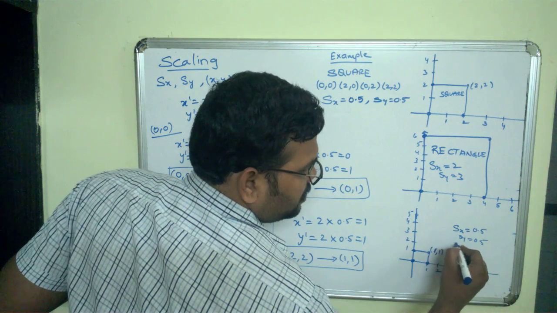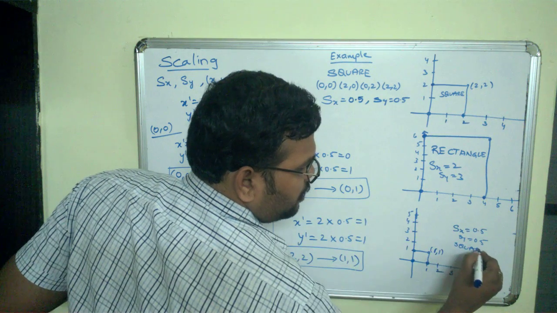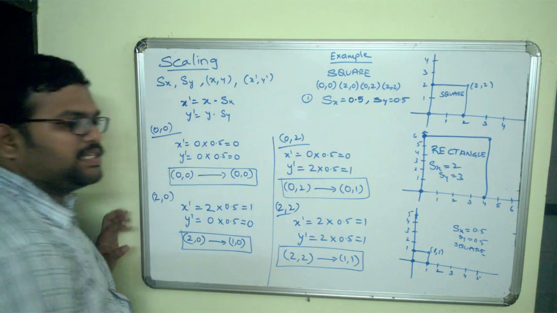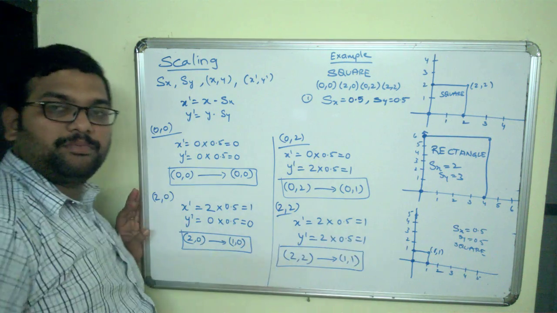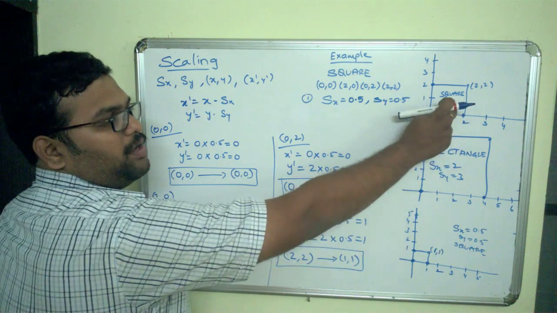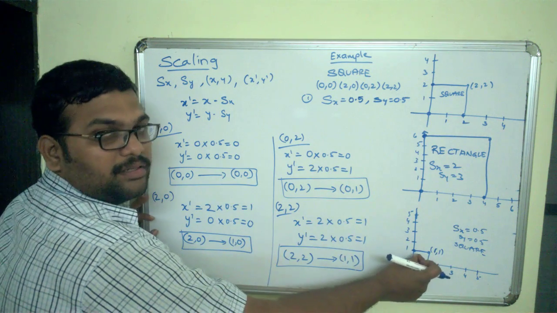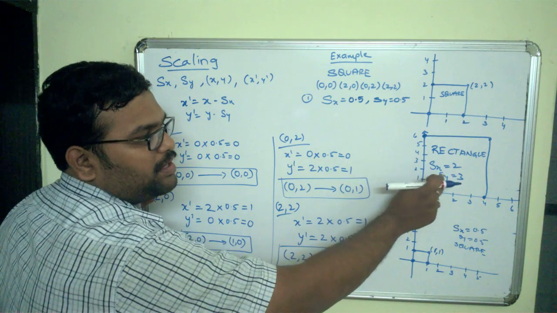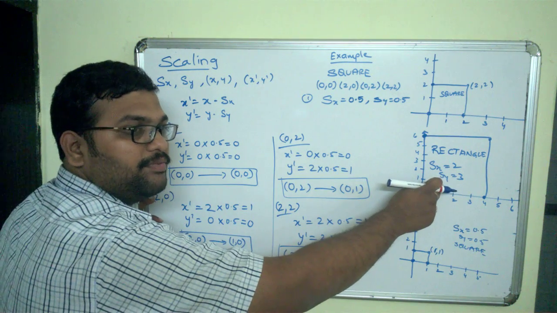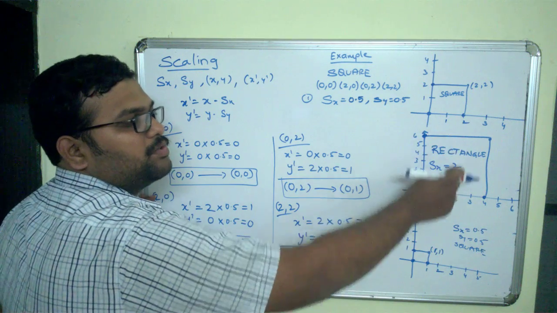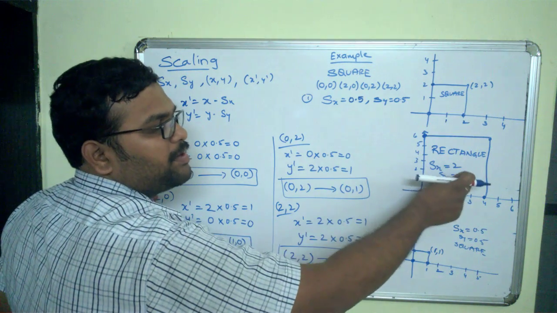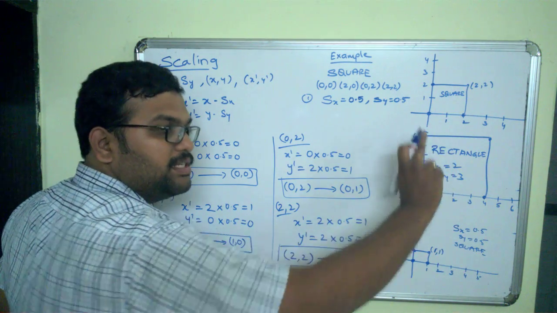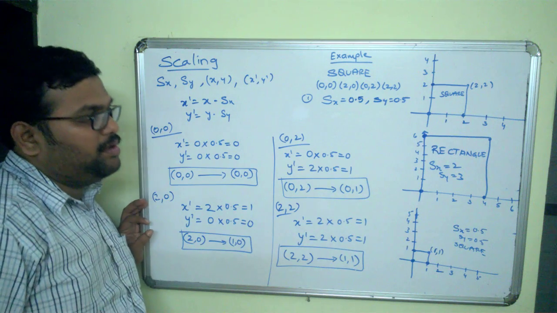So after scaling with parameters 0.5, this square decreased. And after scaling this square with different x and y units, the shape of the square becomes a rectangle and the size also increased.